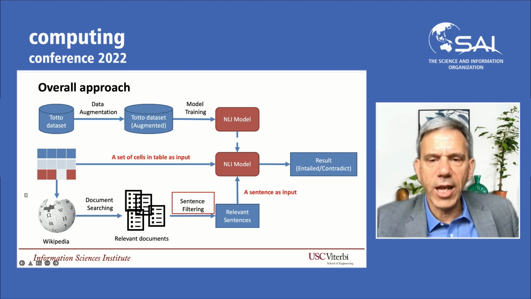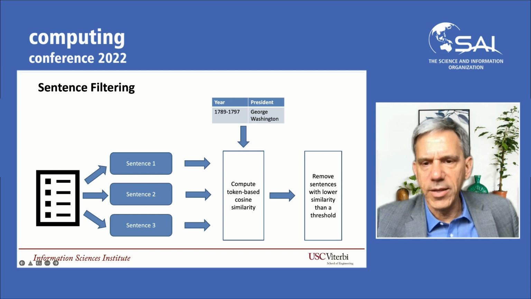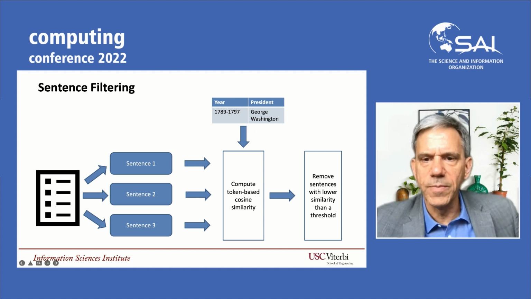So I have a set of documents. Now the question is, how do I turn that into a set of sentences that I can then query, or compare? The way this works is that we take the document and break it down into the full set of sentences. That's easy because we have the grammar of the document that we can use.